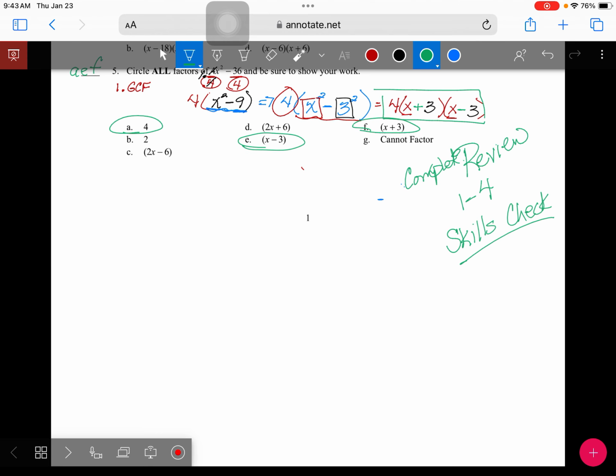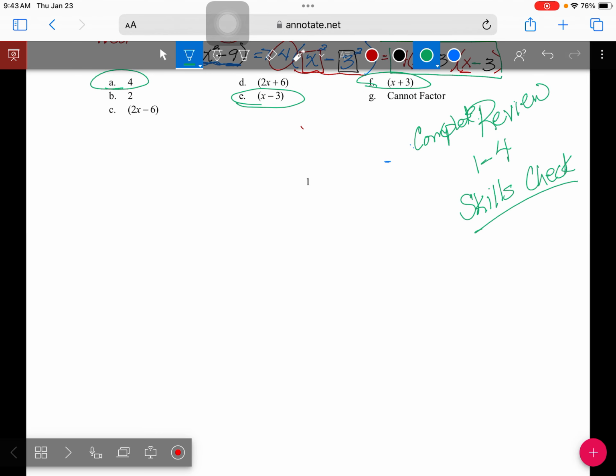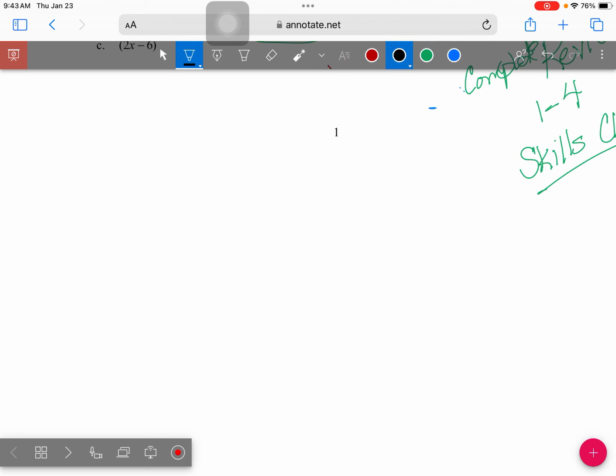All right, very quickly. You don't have to write this down. I would like you to watch up here. I'm going to do another difference of 2 perfect squares. So let's say I have 4a squared minus 81.